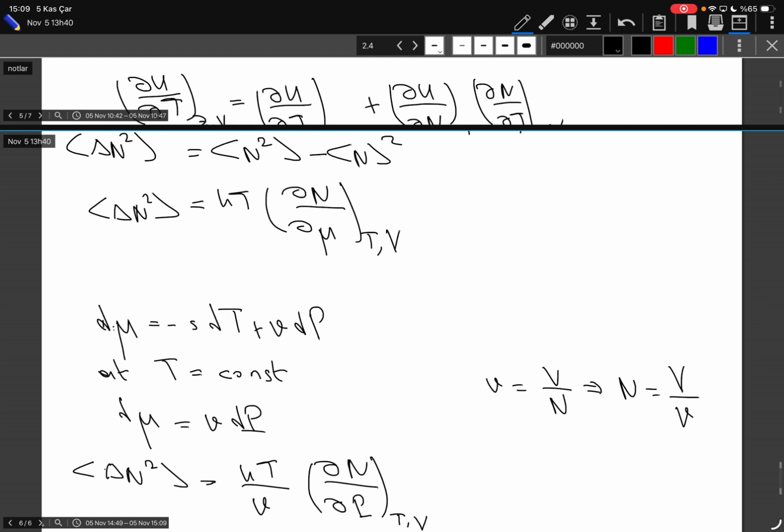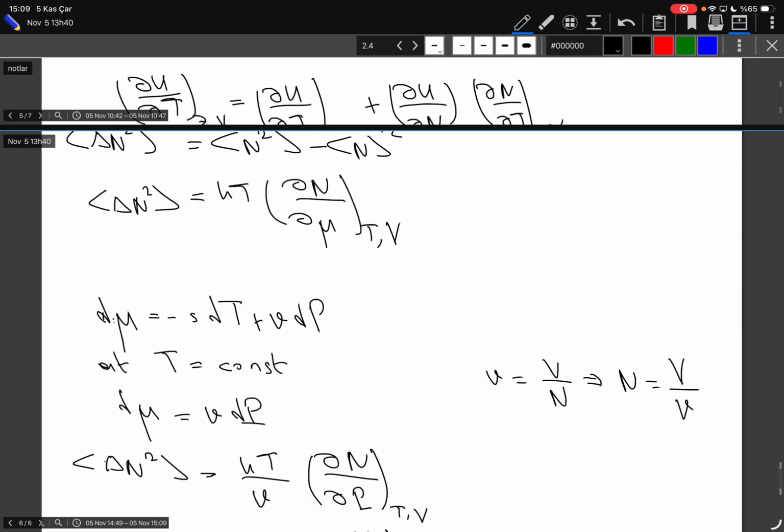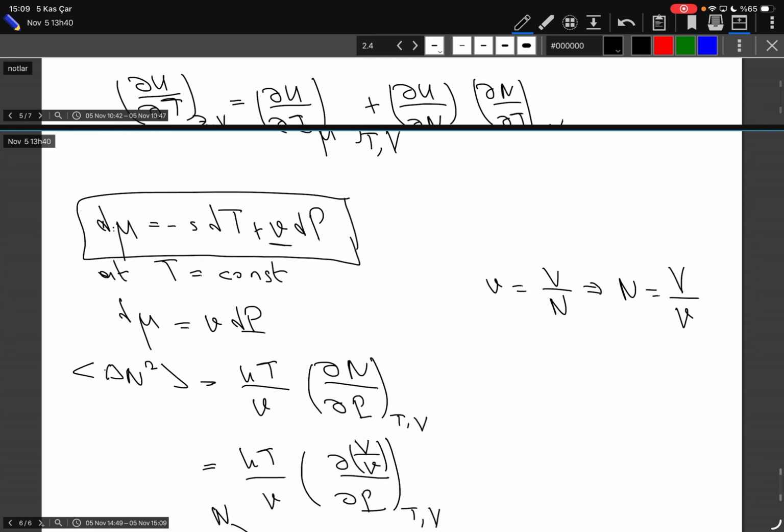Well, you see, let's go back. Now here, this basically tells me that the v is actually a function of temperature and pressure. I can write v as a function of temperature and pressure only.